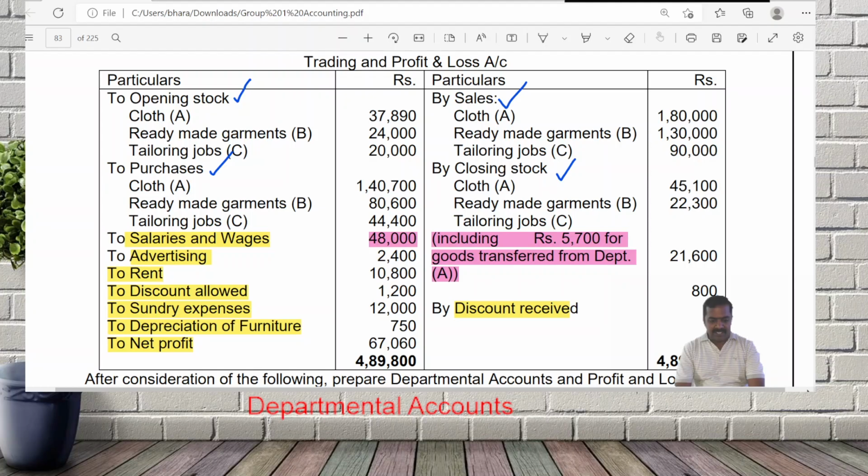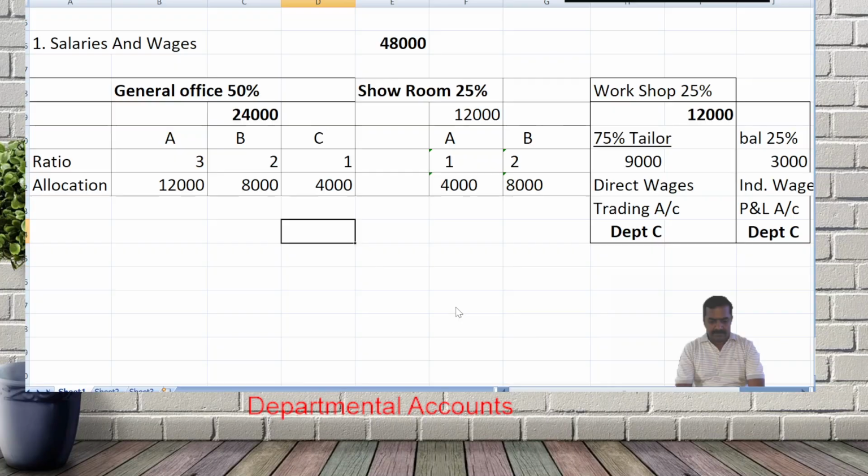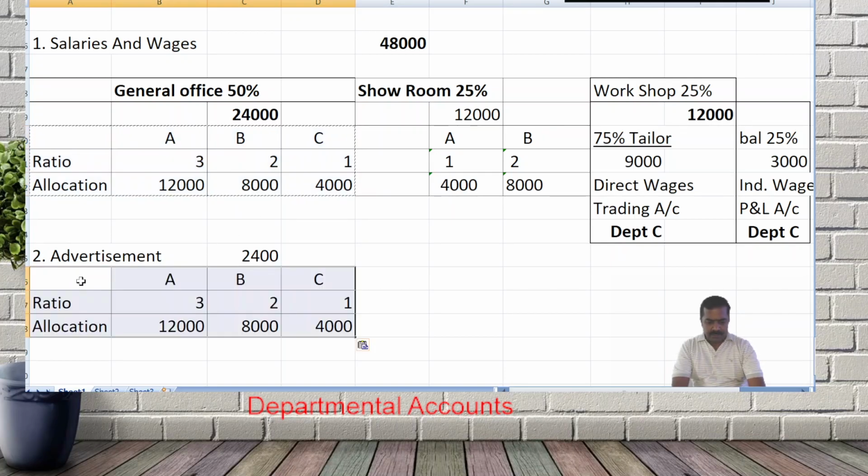P&L account. What is the next expense? Advertisement. Start. Advertisement. What is advertisement expense given? 2,400. This has to be allocated amongst what? A, B, C. In a ratio.